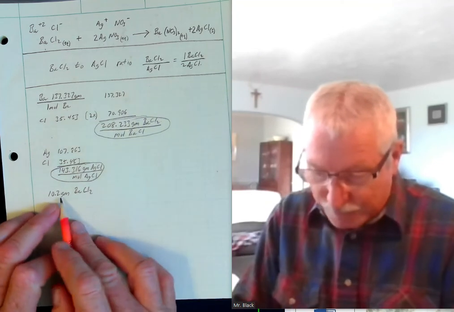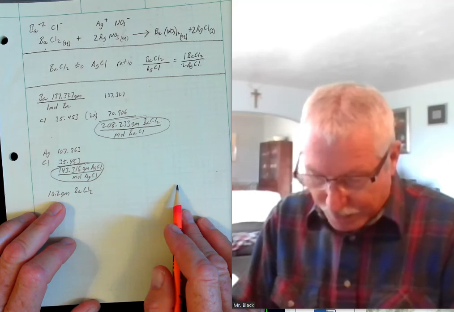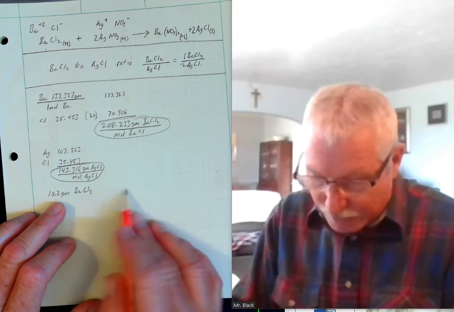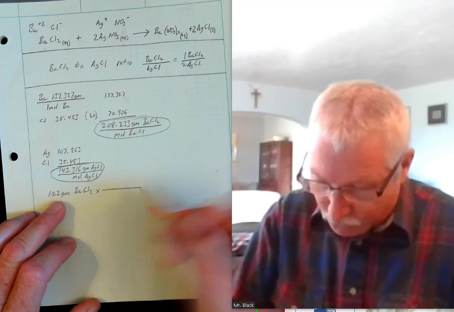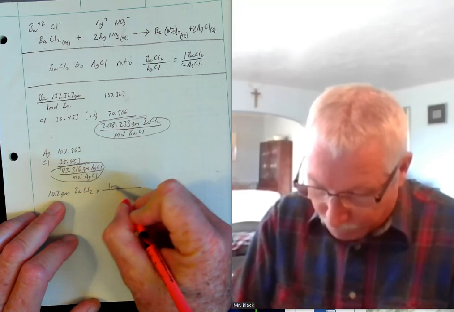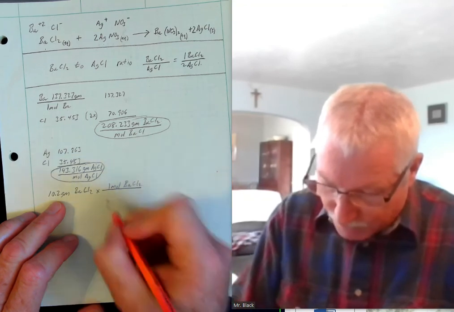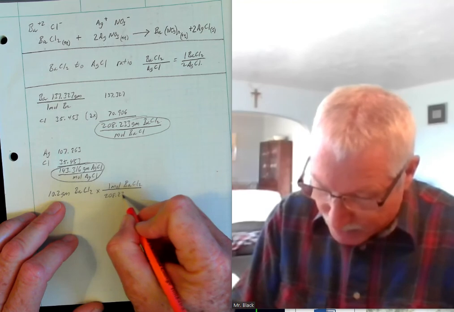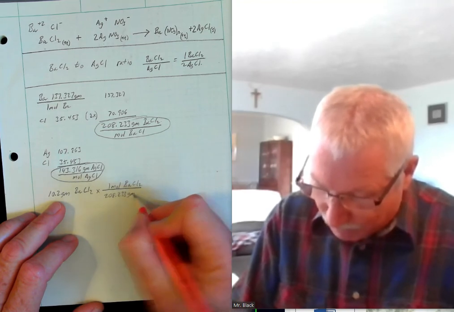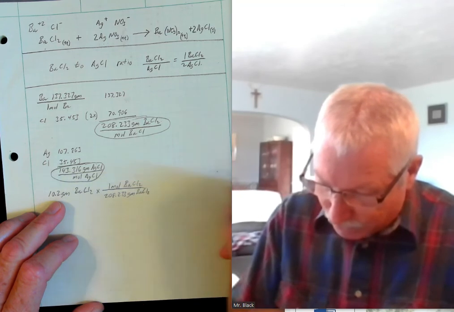In fact, if I'm starting off with grams and I want an answer in moles over here, I need to put my grams underneath this next part. So I'm going to put 1 mole of barium chloride in the numerator and 208.233 grams of barium chloride in the denominator.